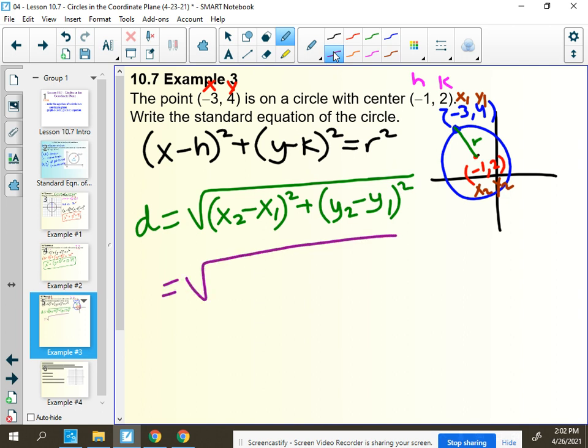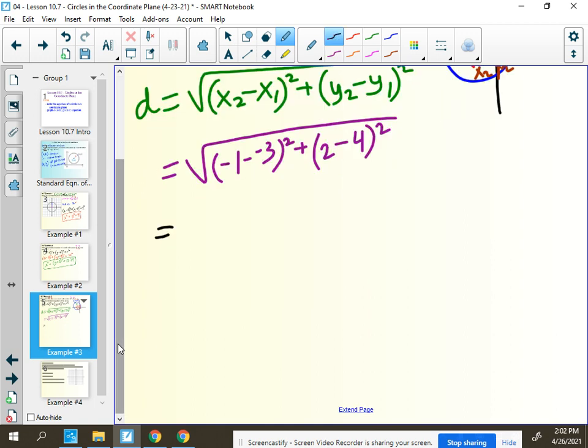So let's see, x2 minus x1, plus y2 minus y1. Simplify. Now you're going to see here, if you're following the last method, these numbers start to look familiar. What's -1 plus 3? 2.